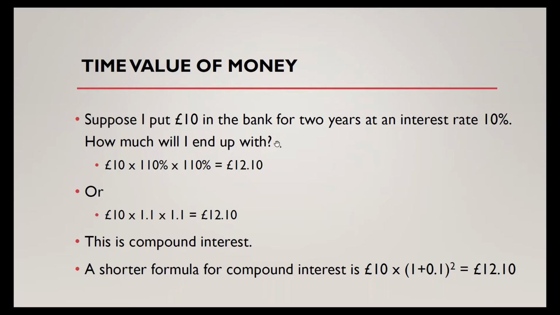It is very important to understand that with the 10% interest rate on £10, every year there will be 1 additional pound. So the wrong answer is 10 plus 1 pound in the first year, and then plus another 1 pound in the second year.